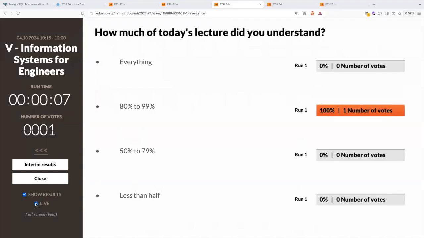I really try to finish every week with this to sense the speed. Okay, that sounds good. And even some people understood everything. This is really, really, really nice. Very nice. Most people above 80%.